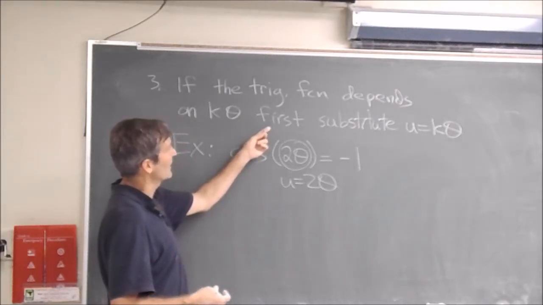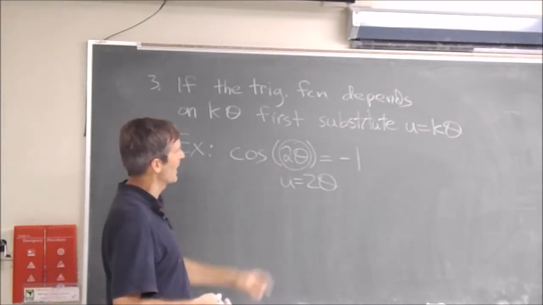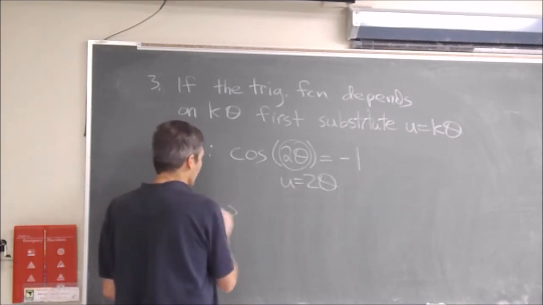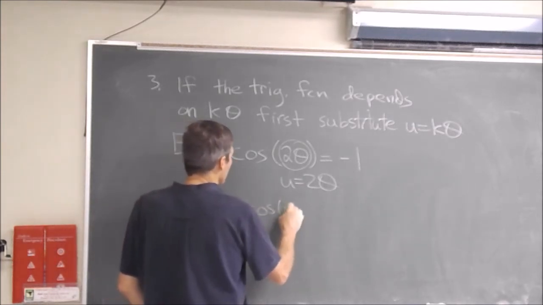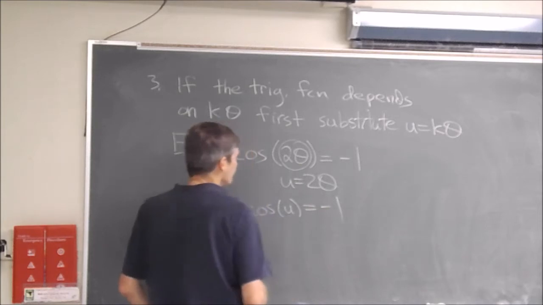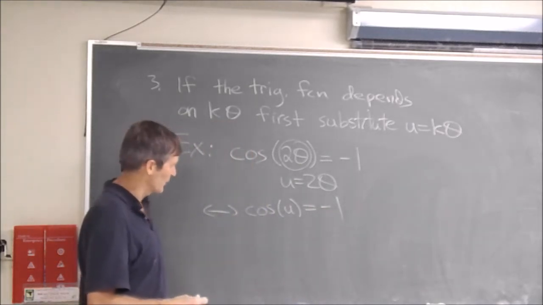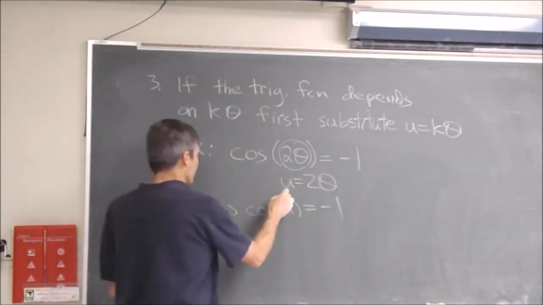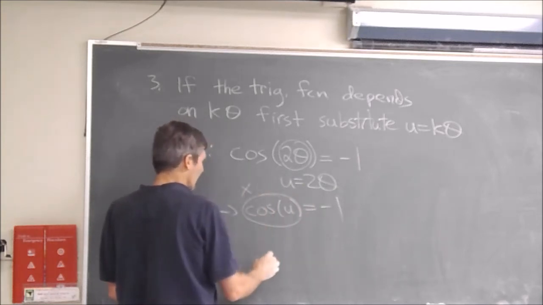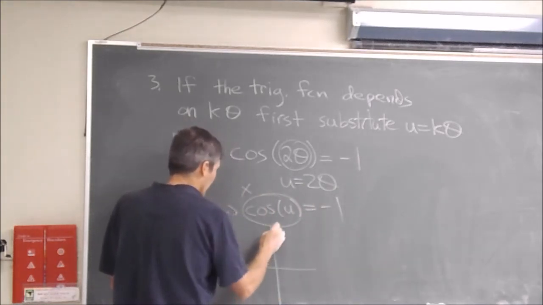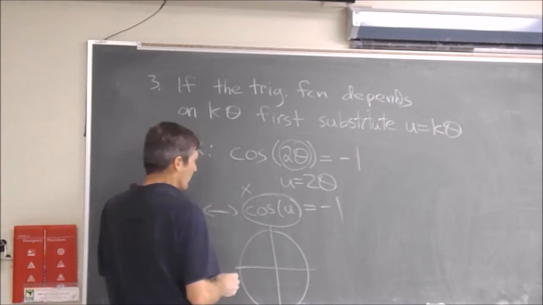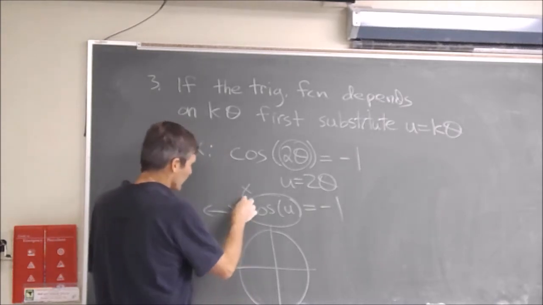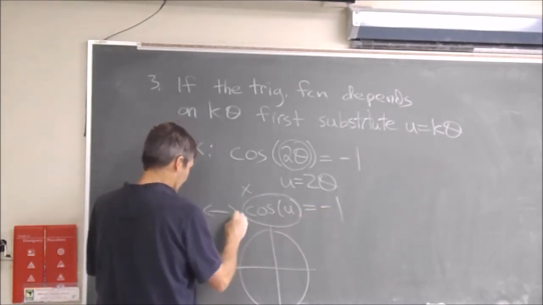When I see this, first thing I'll do is let u equal to that and make it a problem of the other kind. Look what happens. Now this is cosine u equals minus 1, and I can solve it by my first method. Cosine is the x-coordinate of the unit circle. So when I draw the unit circle, I draw the vertical line, the line x equals minus 1.